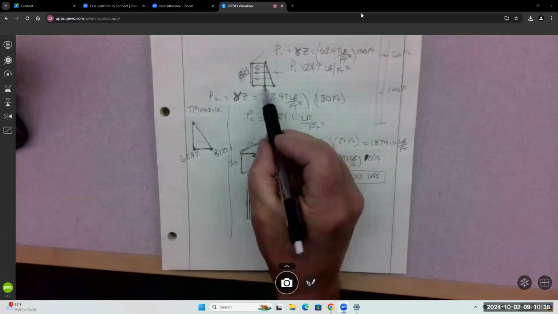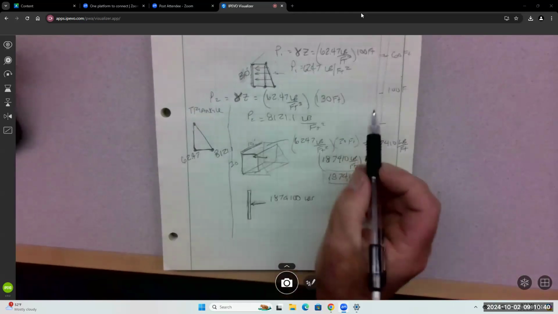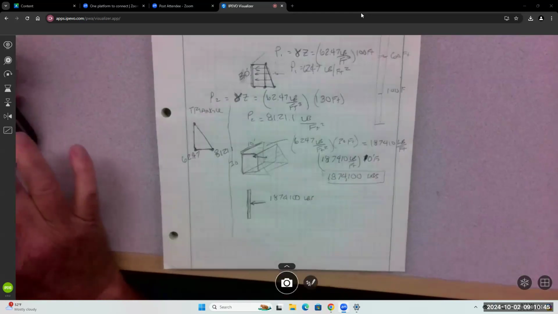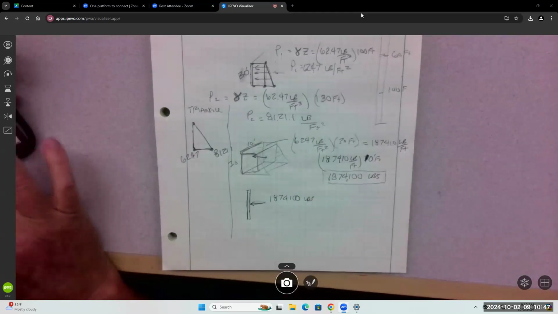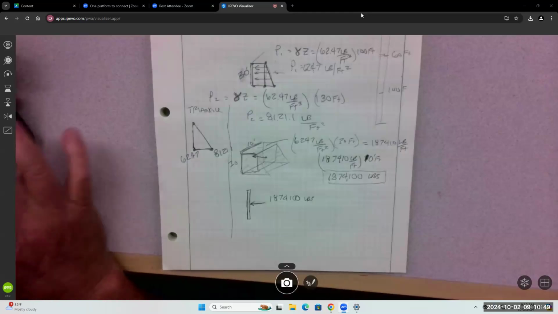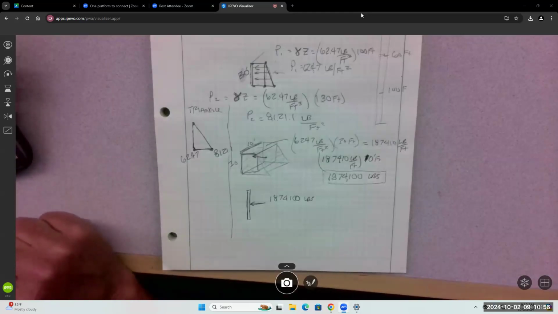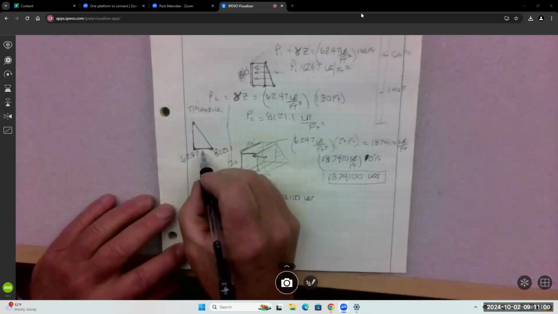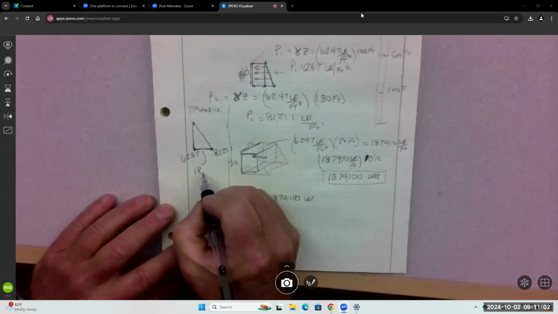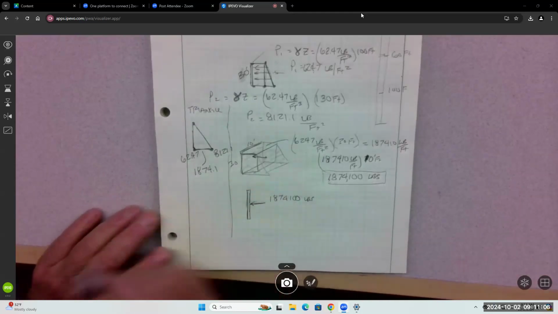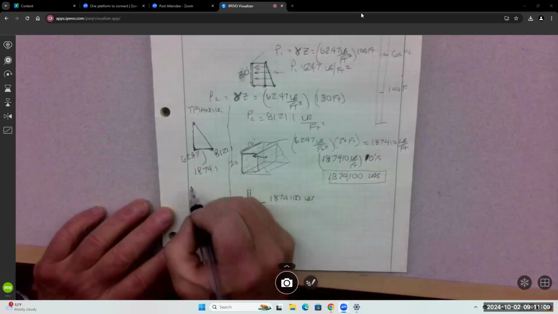So that value right there is going to be 8121.1 minus 6247, which is 1874.1 PSF.